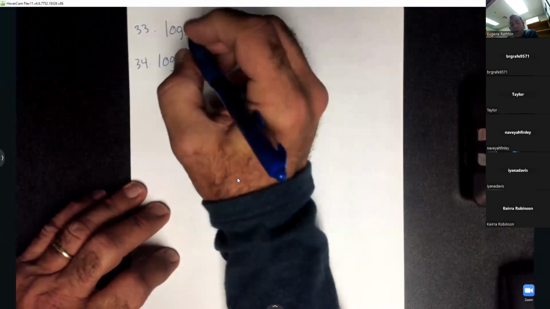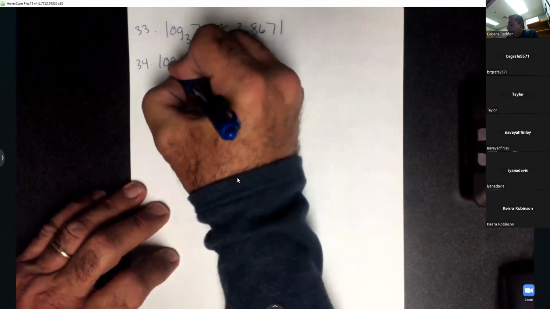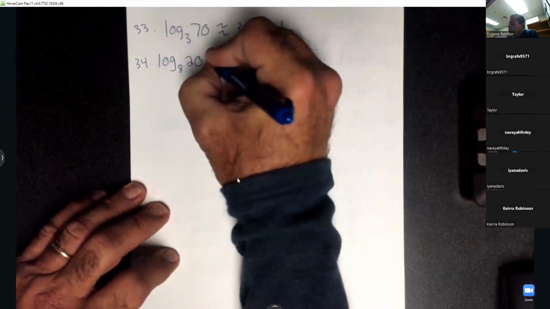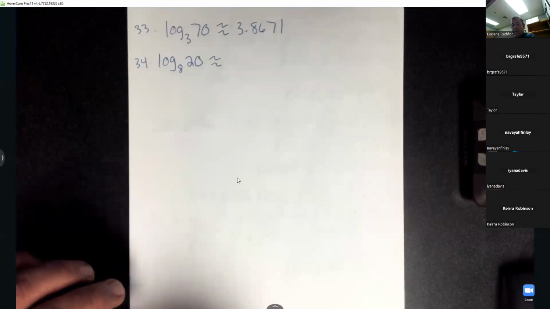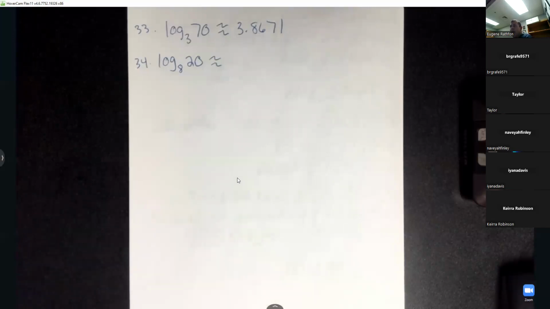All right, y'all, log base 8 of 20. So what do we get, a 1.4406.